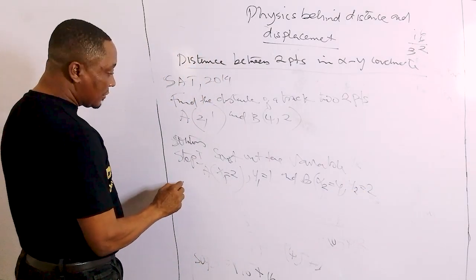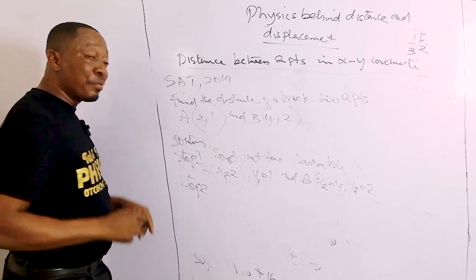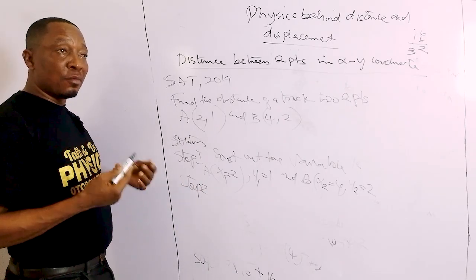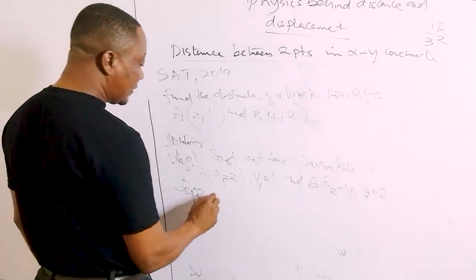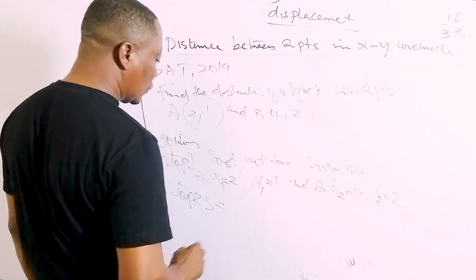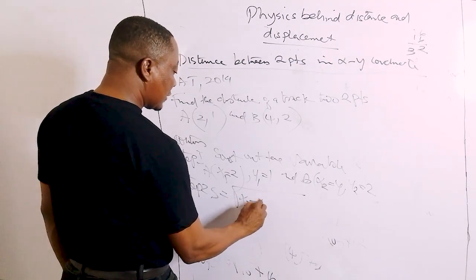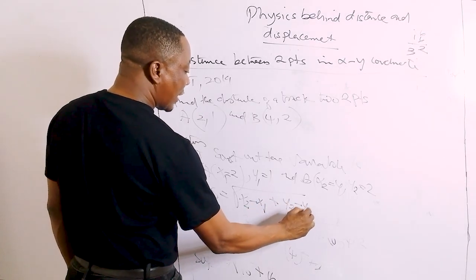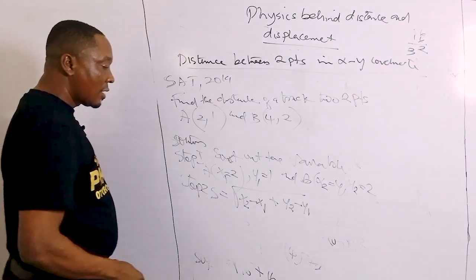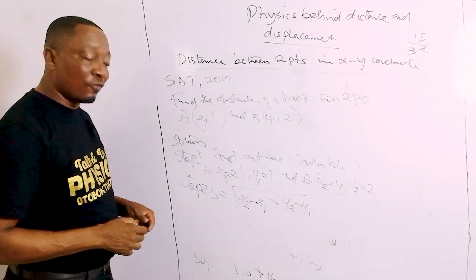Now in step 2, you bring out the formula, derived from the Pythagoras theorem, which says that distance equals the square root of (x2 minus x1) squared plus (y2 minus y1) squared. And your next thing is to substitute the values into this formula.